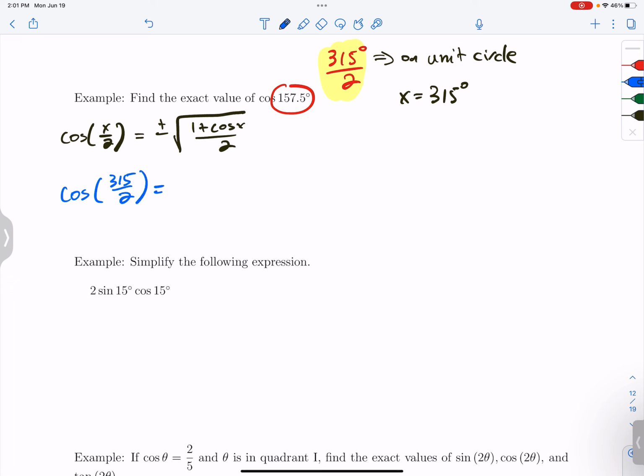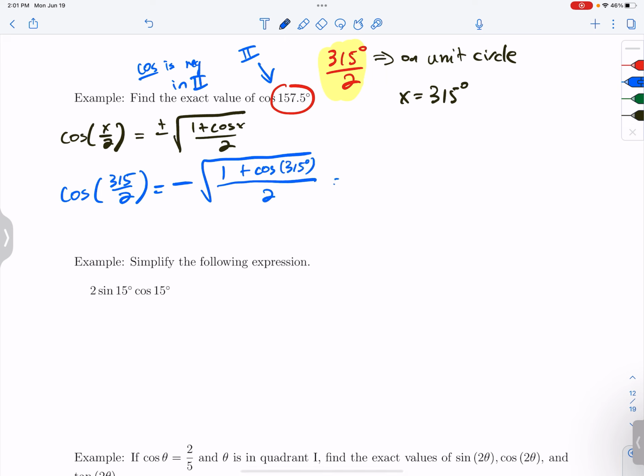Well, what quadrant is 157.5 degrees in? That's greater than 90, less than 180, so that's quadrant 2, and cosine is negative in quadrant 2. So we're going to say this is the negative square root of 1 plus cosine of x, where x is 315, divided by 2.